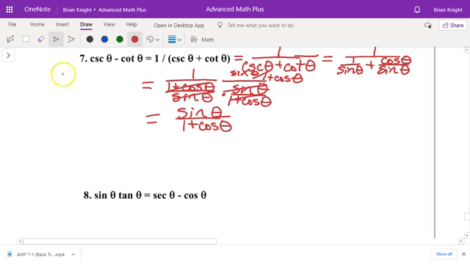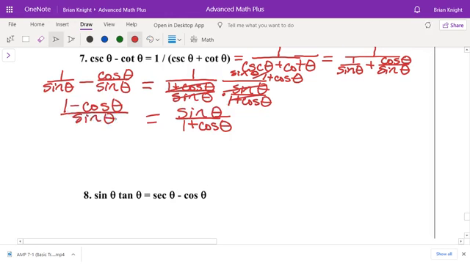Yes, 1 over sine theta minus cotangent, which is cosine over sine. Can I subtract those? Common denominator, right? You can. So 1 minus cosine theta over sine theta.